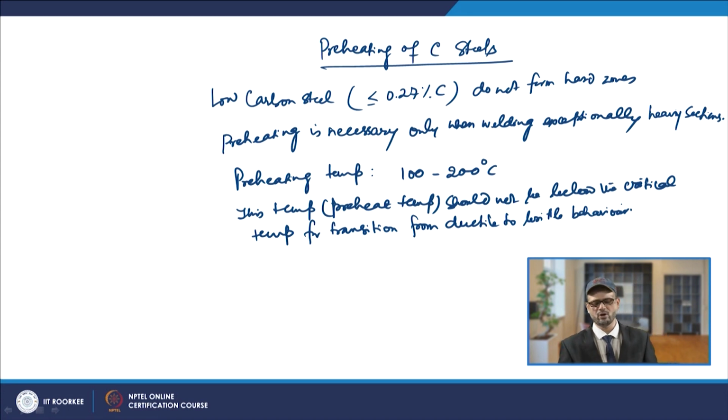For the thin plate you will have a smaller electrode diameter, and if the welding is carried out at room temperature, the cooling rate in the heavier plate may be sufficiently rapid that it will harden even the low carbon steel.